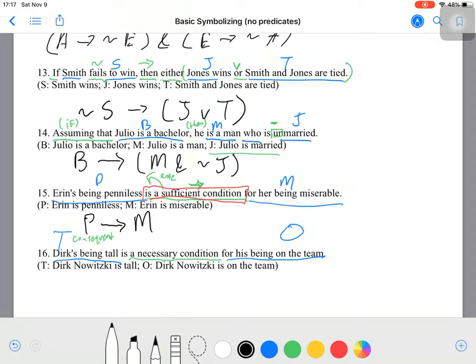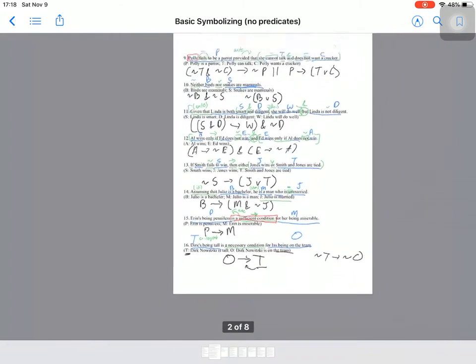Dirk's being tall, T, is a necessary condition for his being on the team. If he were not T, then he would not be on the team. That's another way of writing this. Sorry, this last one was confusing just because linguistically of how it's framed. Let's get a few more of these in.